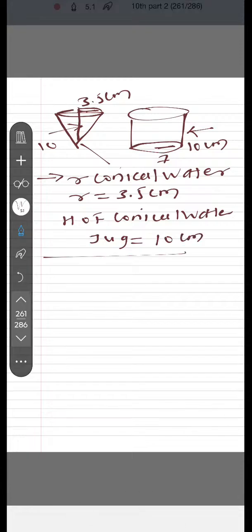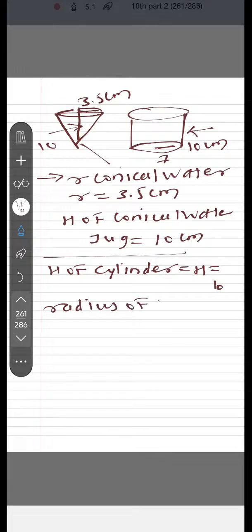Now let's talk about the cylinder. The height of the cylinder is h equal to 10 centimeter, and the radius of the cylinder is equal to 7 centimeter.